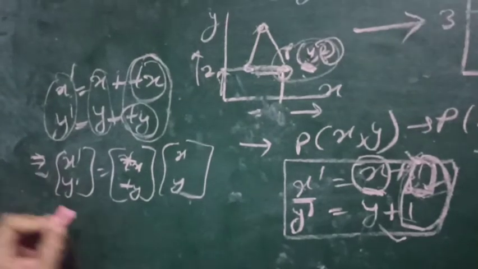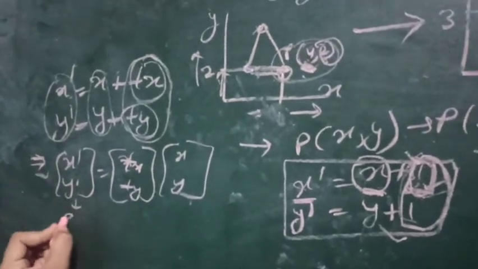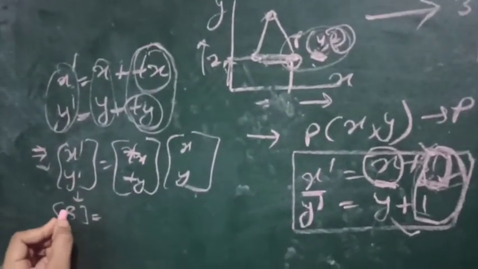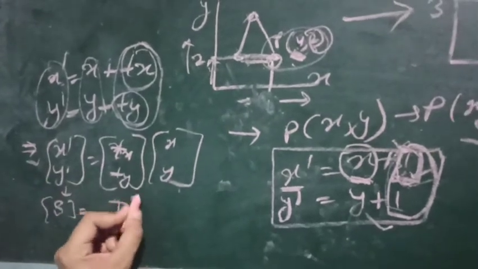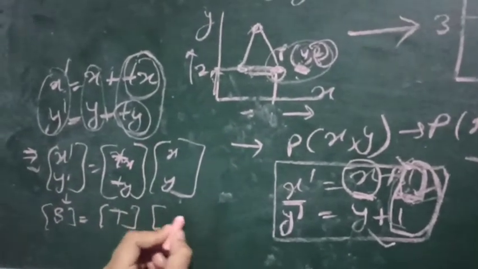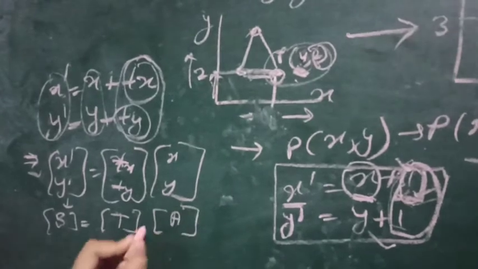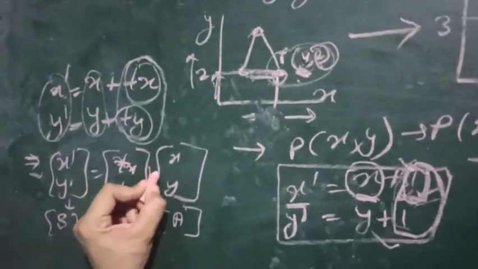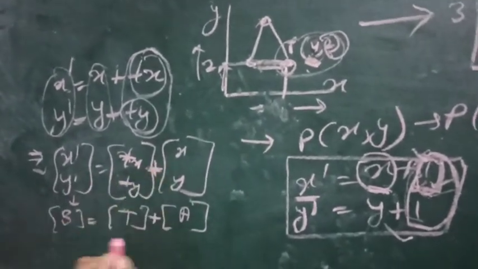From here we can see the form. This is b, this is t, and this is a: b equal to t plus a. So here we have two quantities.